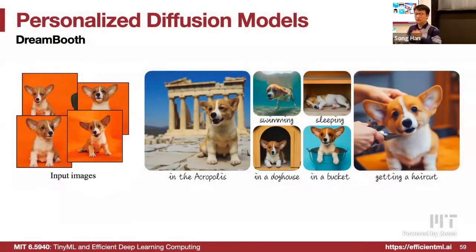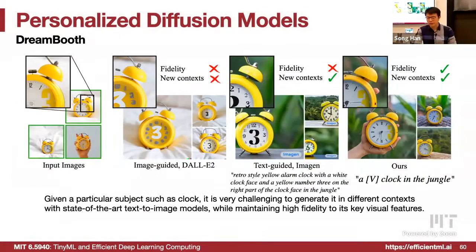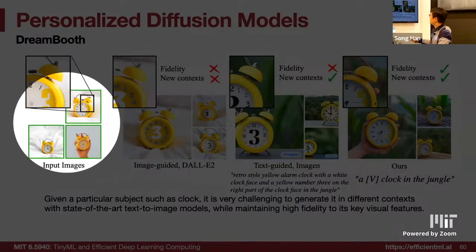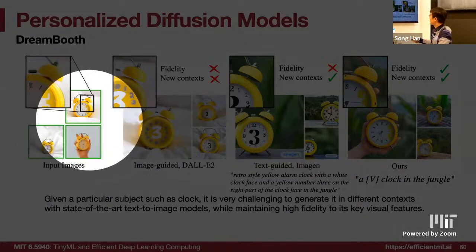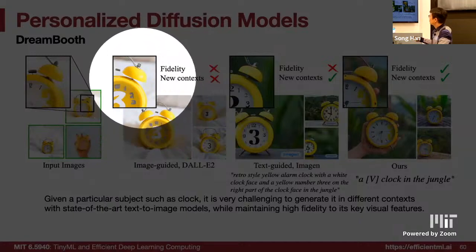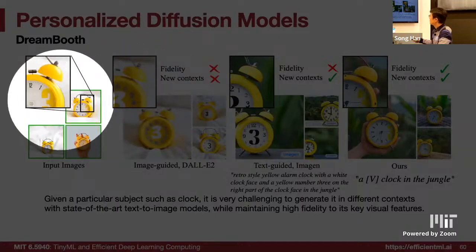And how do we do that? Actually, this is pretty challenging. For example, if we input a few images of this clock, the same clock in different settings, the generated image can have very poor fidelity, like this clock no longer looks like this one.